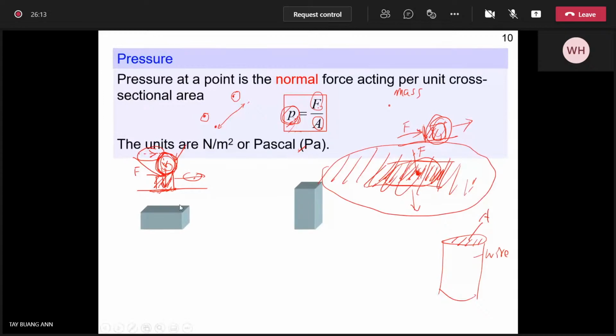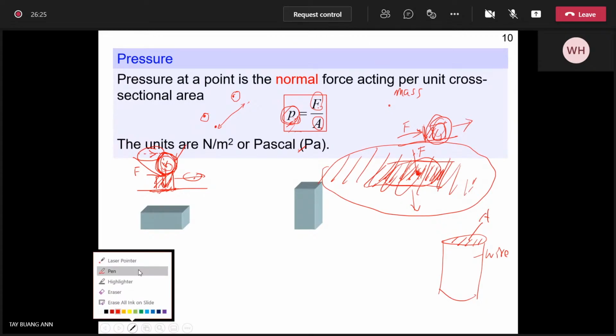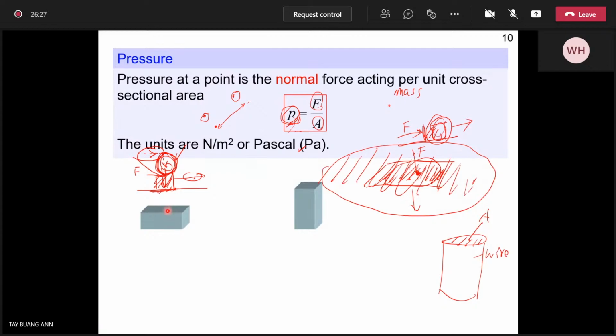Okay, so as you can see, in solids, because the area is important, we need to average the force on the area. Then the orientation of the object will affect the pressure exerted by the weight of these solids. For example, here, let's say we have two pieces of bricks, right? Identical bricks. They have the same weight.